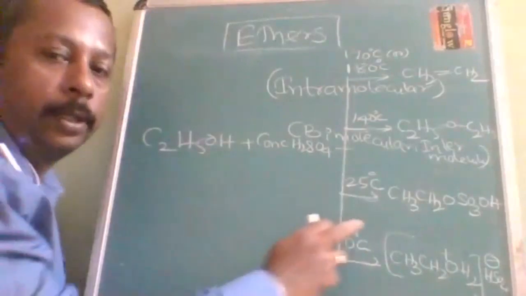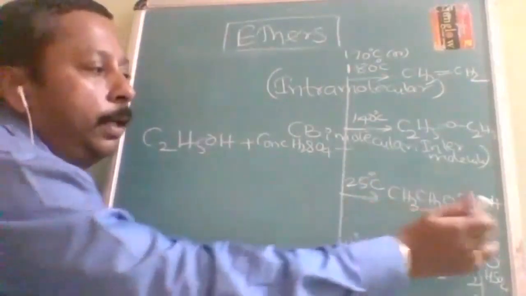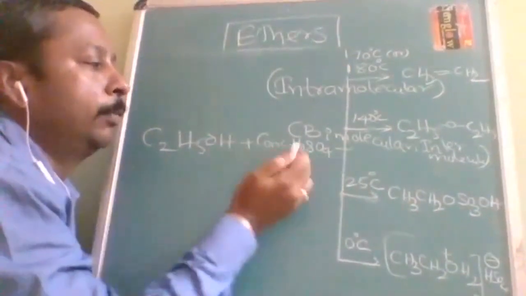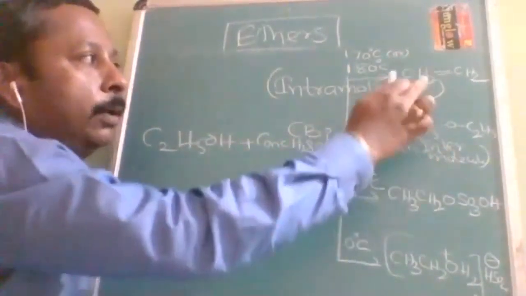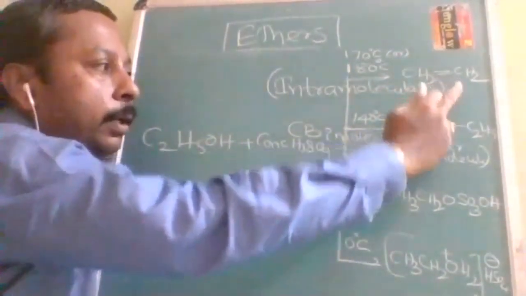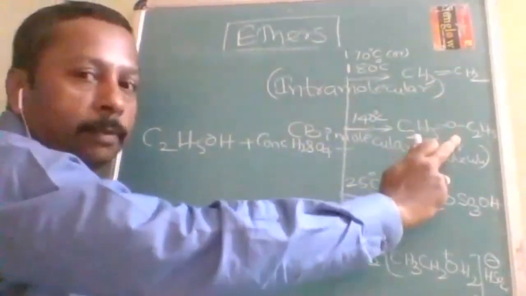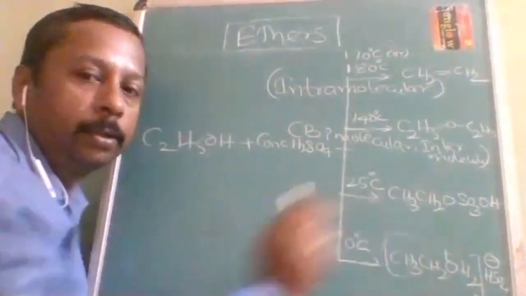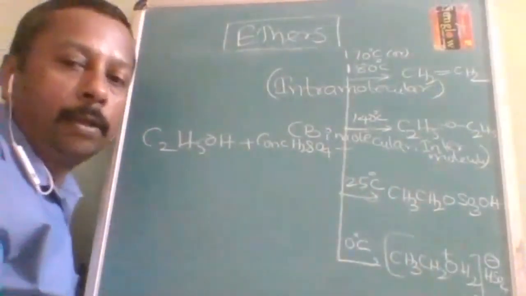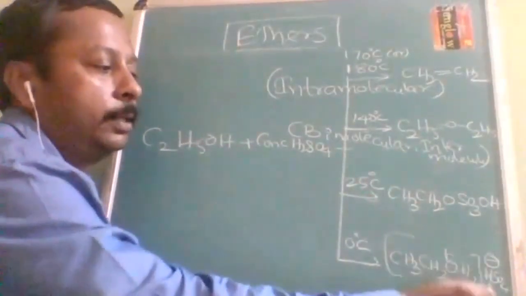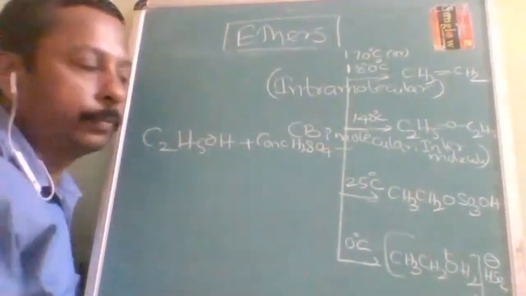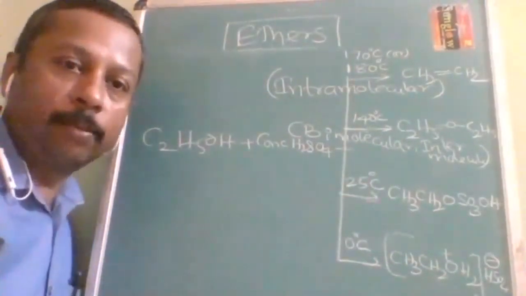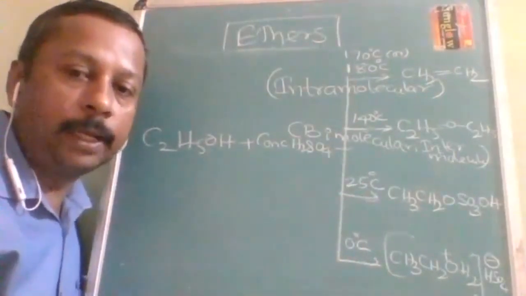Here all the contribution is from one molecule of alcohol, there the contribution is from two molecules of alcohol, and here the contribution is from sulfuric acid also. Now we cannot say it is dehydration. Basically, when the temperature is further reduced, it forms an addition product.